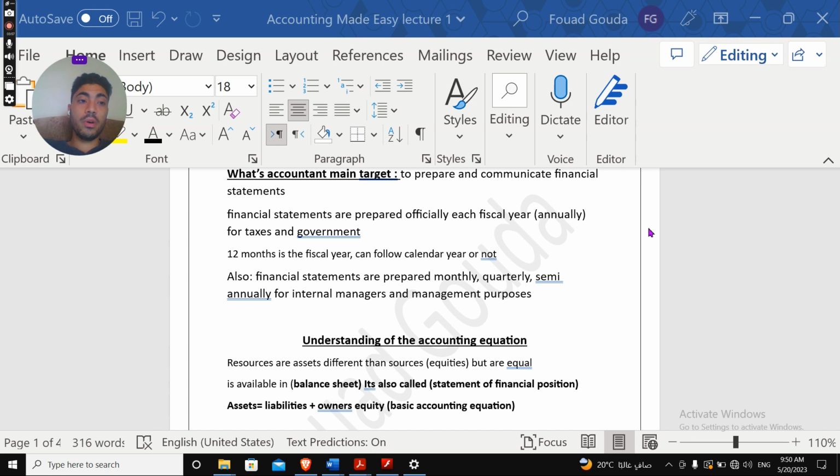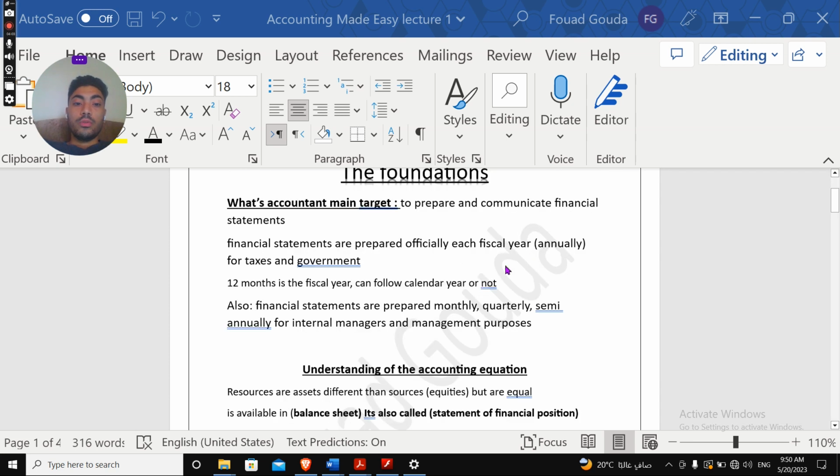It's 12 months from the start of the year to the end of the year. Okay, just 12 months from the start date, that's called a fiscal year.